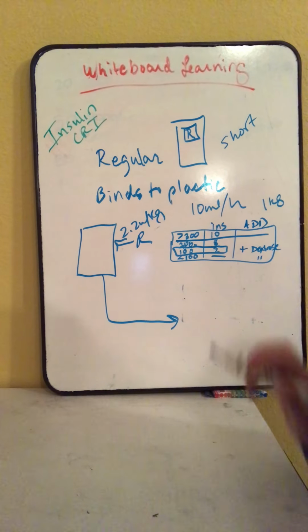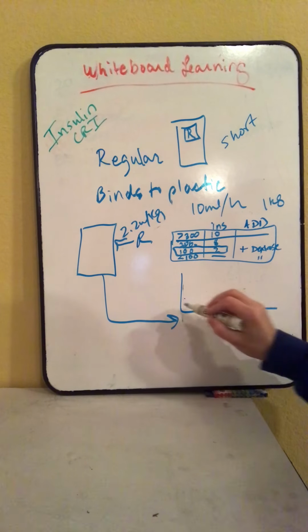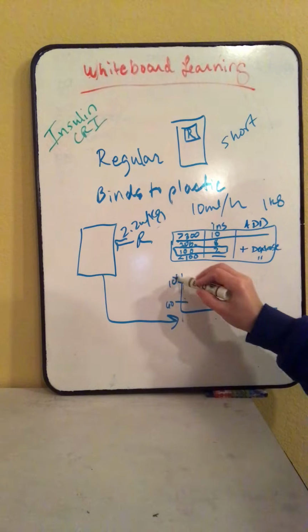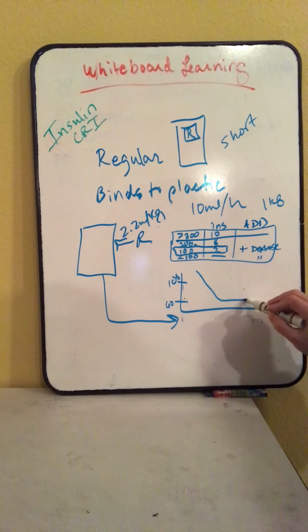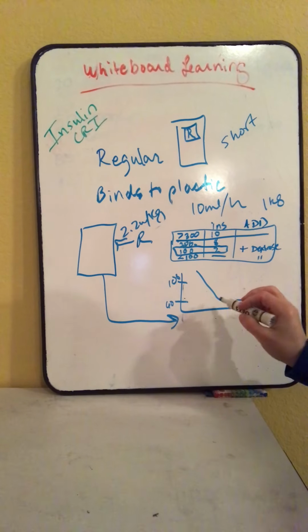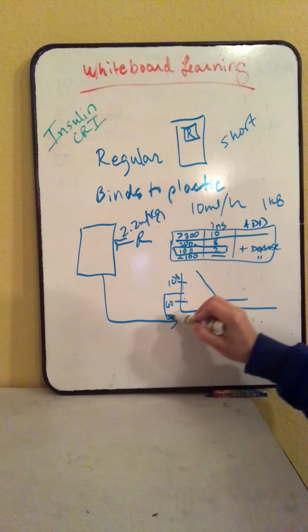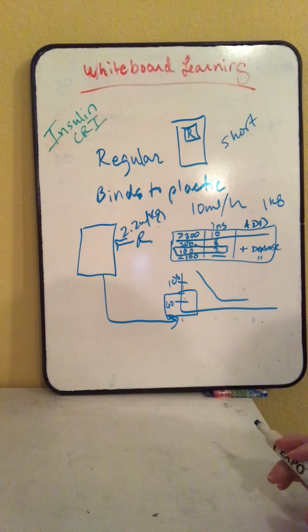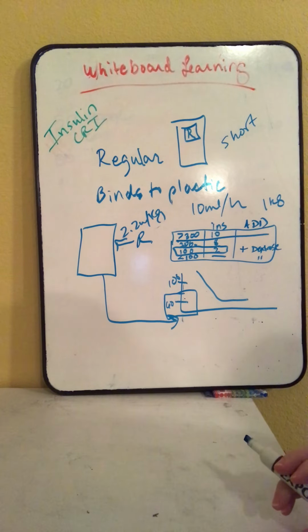So let's talk about that. Once we get to that below 60 range, and our sugar's dropping, that's the problem with insulin CRI, and any insulin, is that you get into that hypoglycemic range, and you could have seizures, ataxia, vomiting, weakness, all of those things.